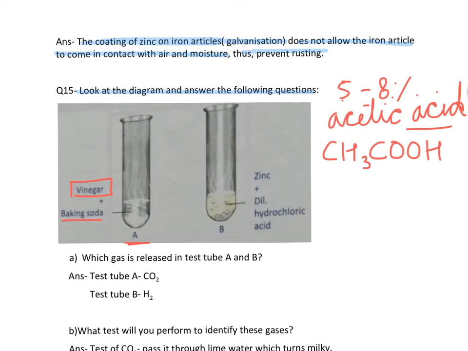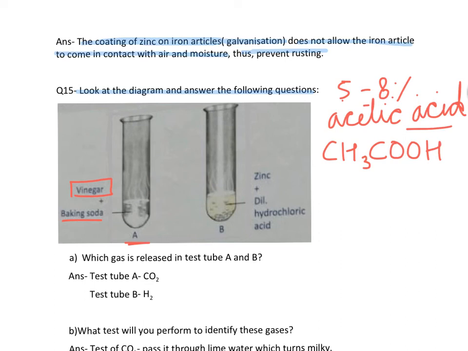Okay, so the formula of vinegar will be CH3COOH. When it reacts with baking soda, the formula of baking soda is NaHCO3, that is sodium bicarbonate or sodium hydrogen carbonate. So when they both react, I hope you all know what reaction takes place.